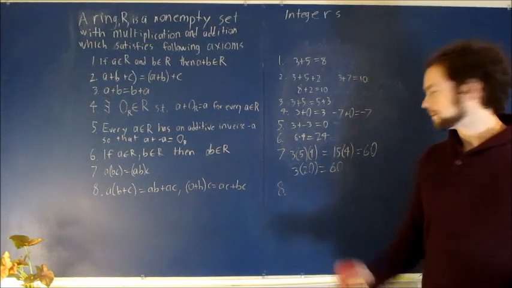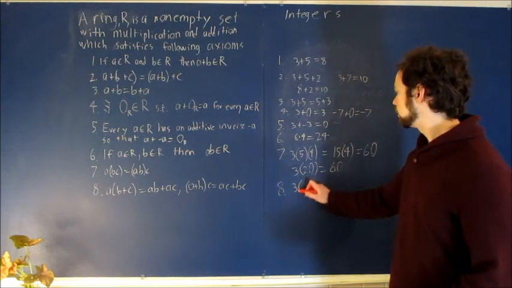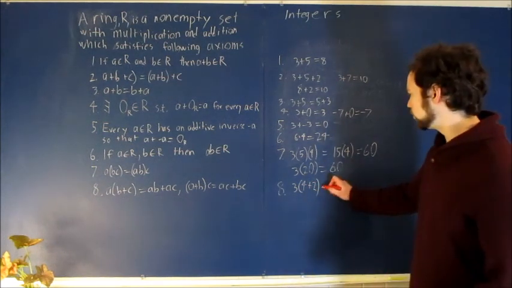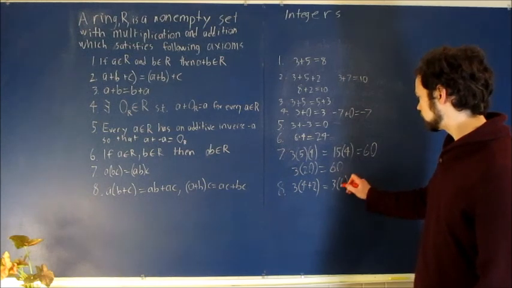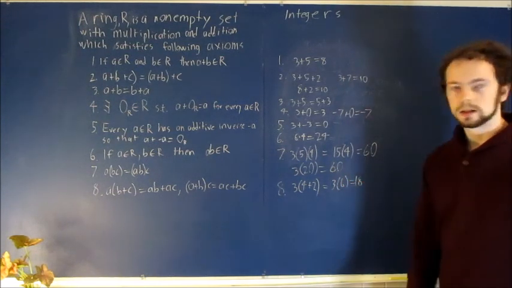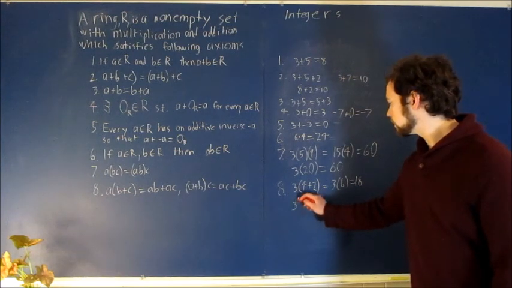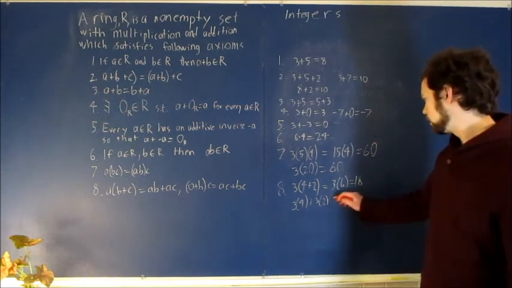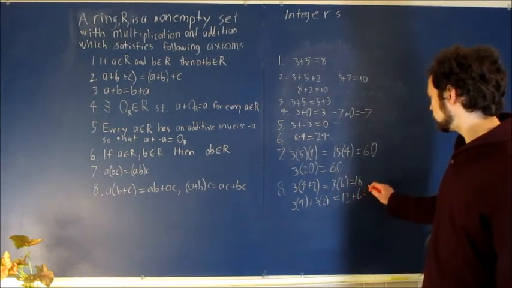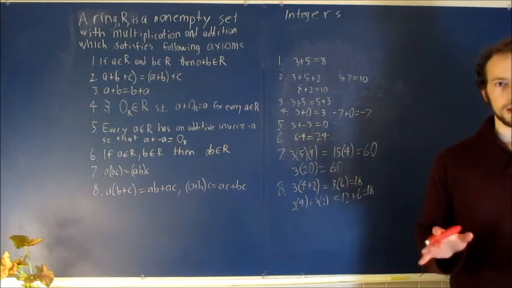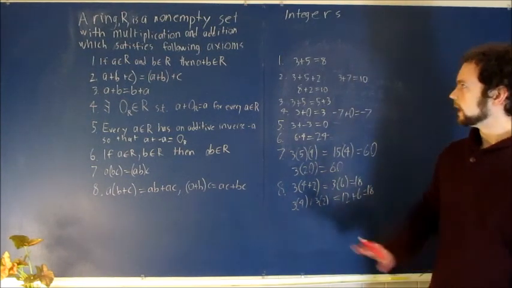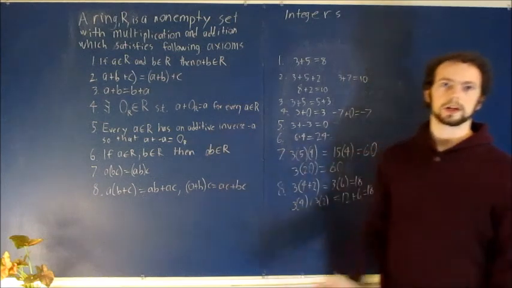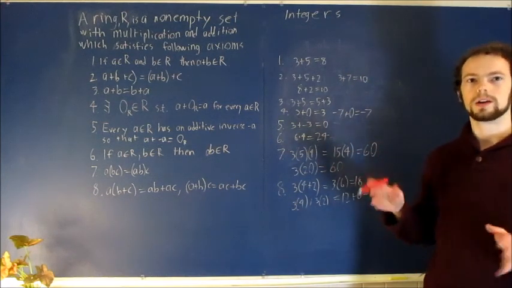If we have, say, 3 times 4 plus 2, we could say this is 3 times 6, which gets us 18. Or we could say this is 3 times 4 plus 3 times 2, which is 12 plus 6, which equals 18. So it works. We get the same thing either way. So the set of integers satisfies all of these criteria, and it is therefore a ring.